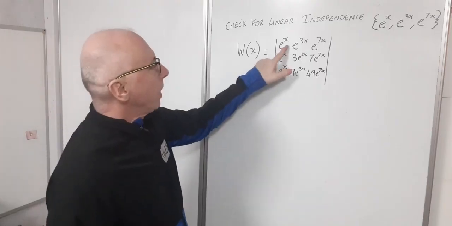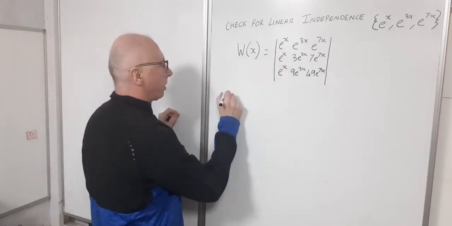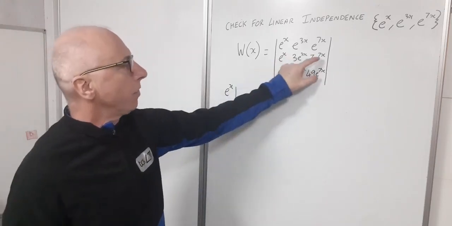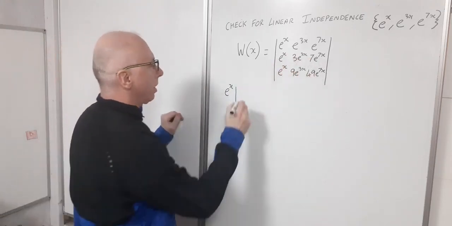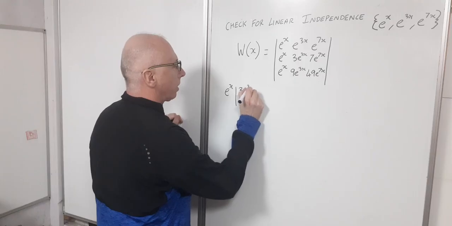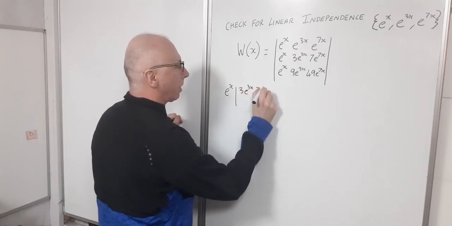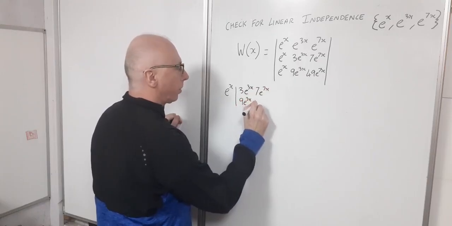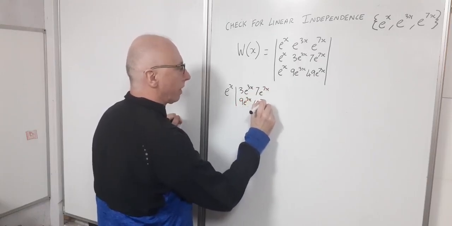So first of all, let's take this term in the top left, e to the x, and then we do the determinant of this 2 by 2 matrix: 3e to the 3x, 7e to the 7x, 9e to the 3x, and 49e to the 7x.